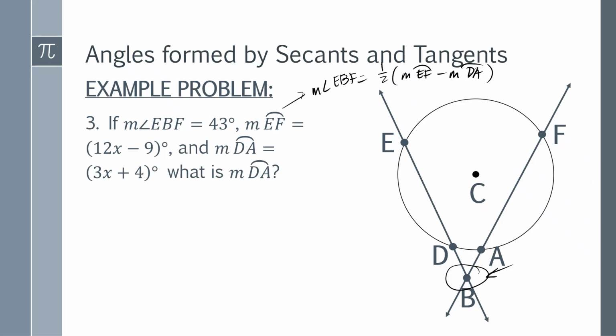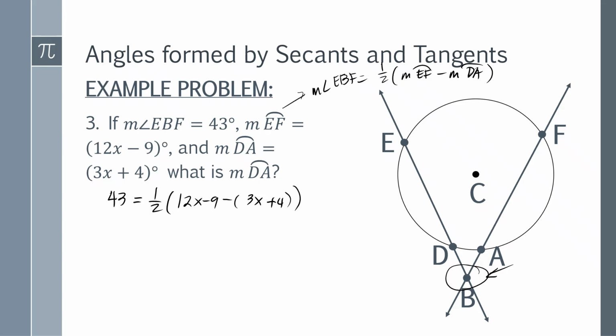Okay? Now, let's have this solution. So therefore, measure of angle EBF, this is 43 equals 1 half of the measure of EF, which is 12x minus 9. Oops, wait. Minus. We have here 3x plus 4.